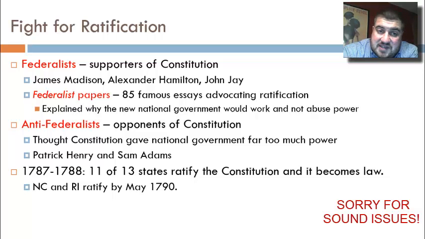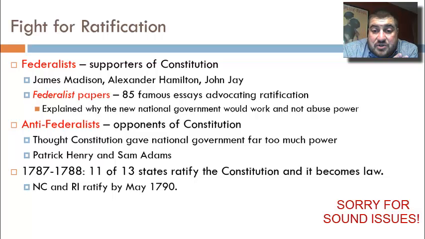And they write what are called the Federalist Papers. And these are very, very famous documents, which are 85 famous essays explaining why the new national government, if it has a lot of power, why it would work and it would not abuse the power. It goes into things like the separation of powers and the limited government, and talks about the principles in the Constitution, which we'll get to in a minute.